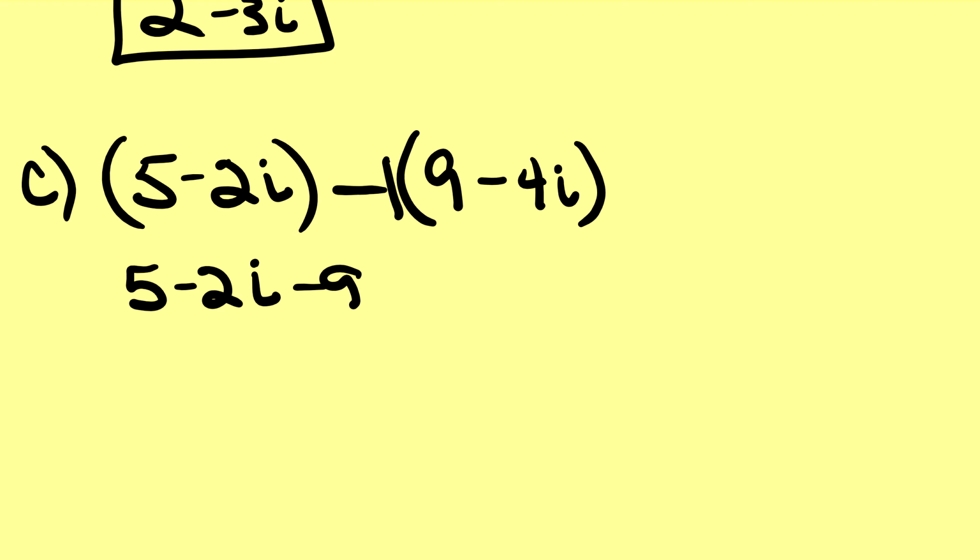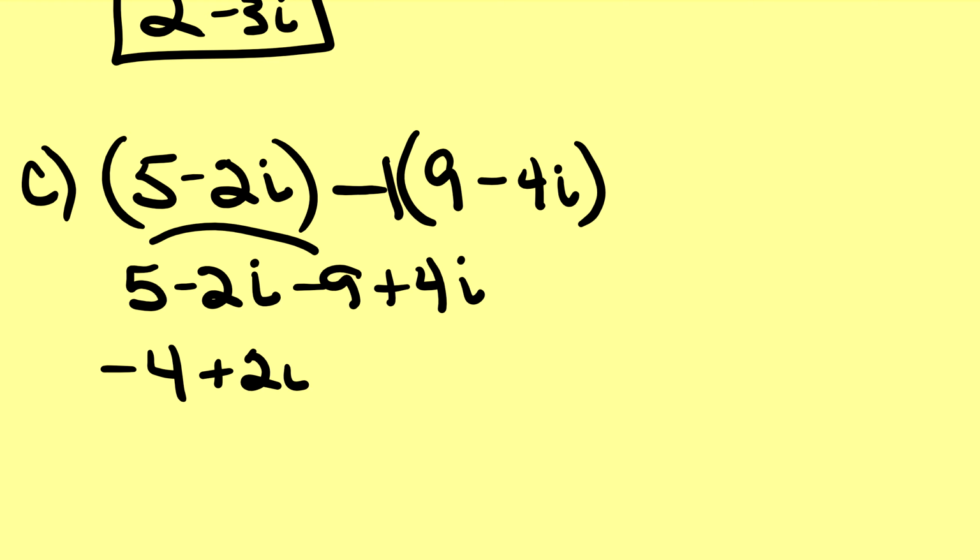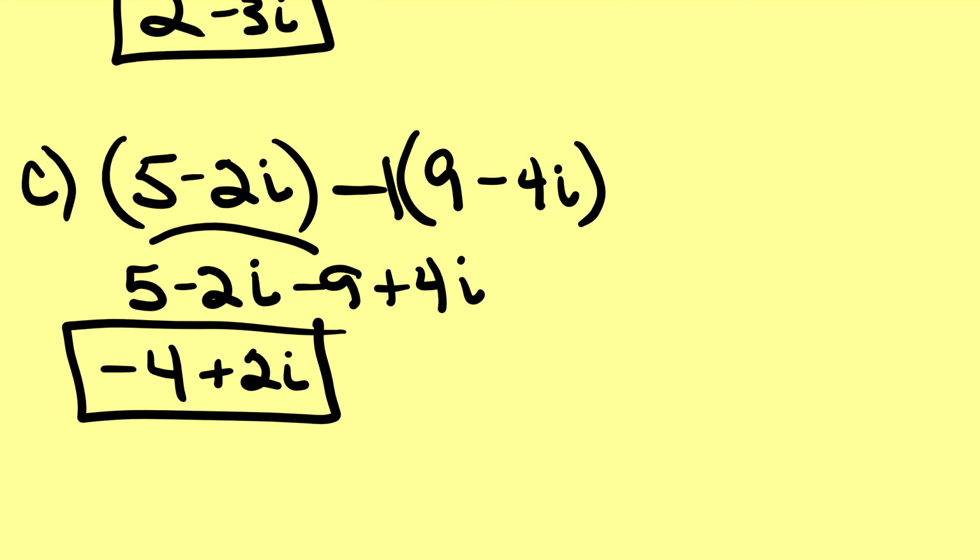Negative 1 times negative 4 is positive 4i. Combine my like terms. 5 minus 9 is negative 4. And negative 2i plus 4i is positive 2i. And that is my solution for letter C in complex form.